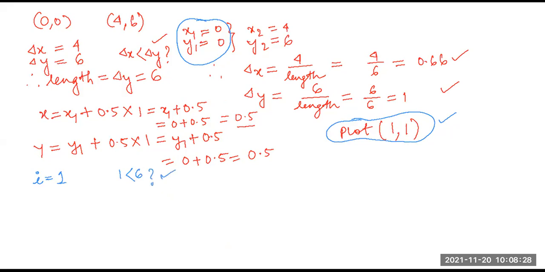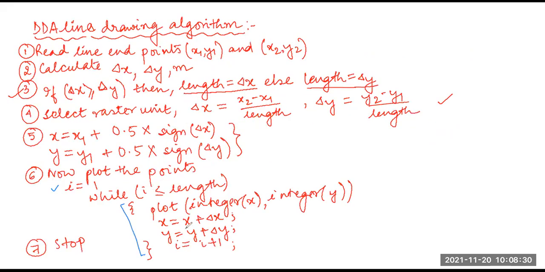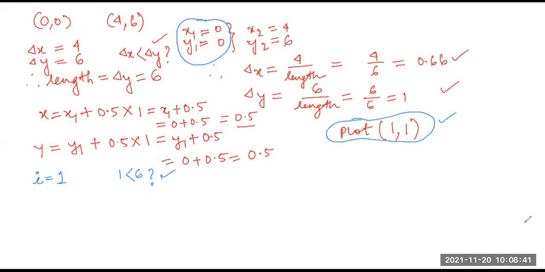If 1 is less than 6, what will we be doing? X plus del x, y plus del y. So your x is now what? One thing here is that we are doing the approximation only for plotting the points. But while calculating the pixels, we will take the decimal values which we got in the last step, not the approximated value.